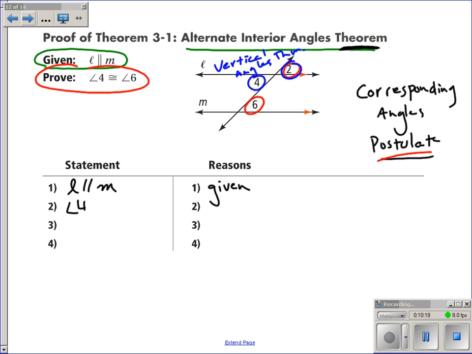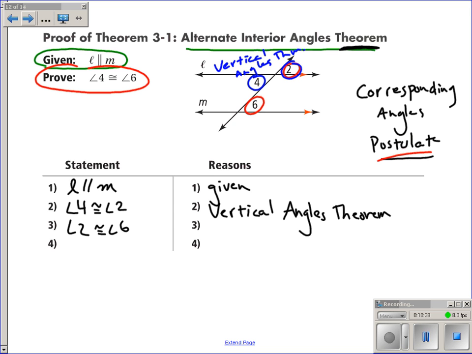Angle 4 is congruent to angle 2. And the reason is, like I mentioned before, the vertical angles theorem. Okay, the next statement that I'll make is about 2 and 6, that angle 2 is congruent to angle 6 by the corresponding angles postulate.